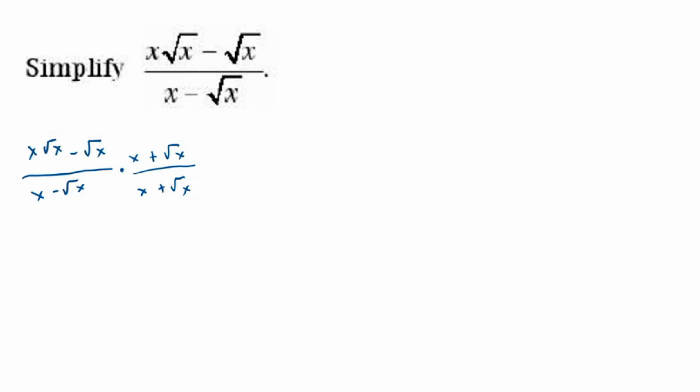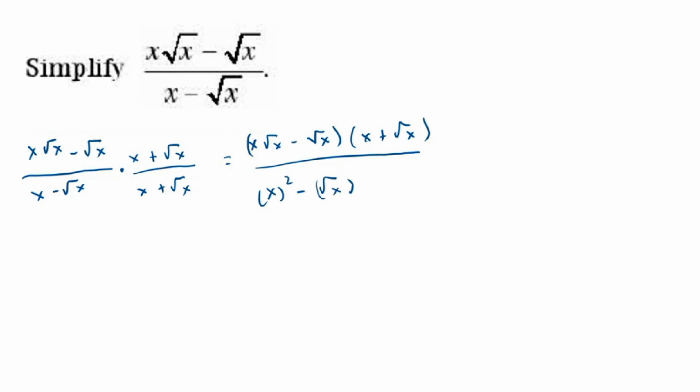Now, multiplying this, I will just write here x square root of x minus the square root of x times x plus the square root of x, all over the square of the first term minus the square of the last term, which is the square root of x.